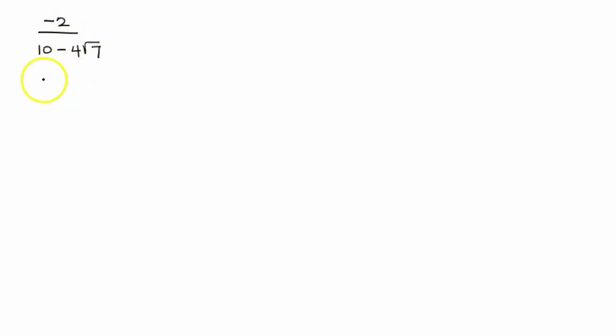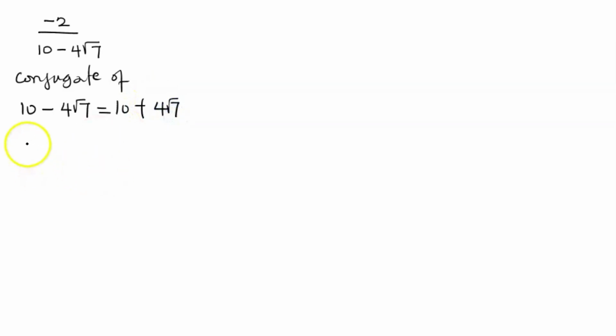By multiplying both the numerator and the denominator by the conjugate of the denominator. So what's going to be the conjugate of 10 minus 4 root 7? And of course, this is going to give us 10 plus 4 root 7.